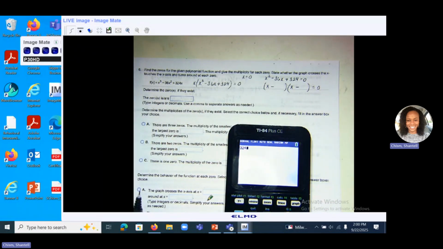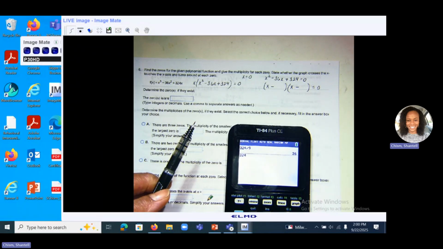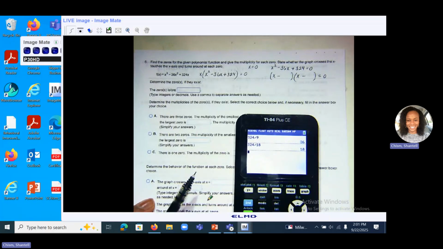So let's just try some numbers here. Since it's 36, maybe let's see, is it divisible by 9? Okay, that won't work though. Let's do something bigger. Let's try 18. 18 and 18, there it is. 18 plus 18 is 36.